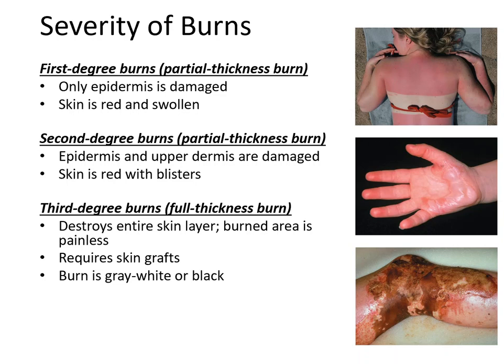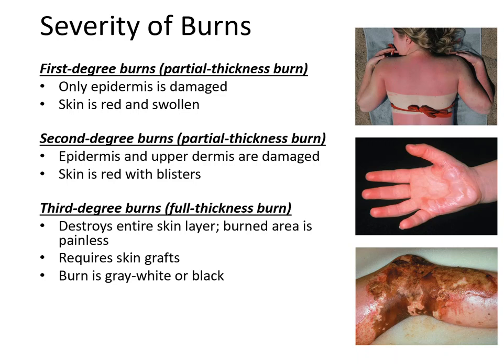This is when only the epidermis is damaged, and the result is some red and swollen skin. Most of us have experienced at some point in our life a first degree burn from just getting sunburned. But not everybody, right? It kind of depends on your skin pigmentation in part.